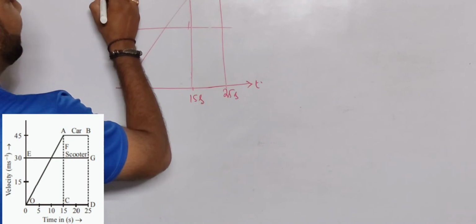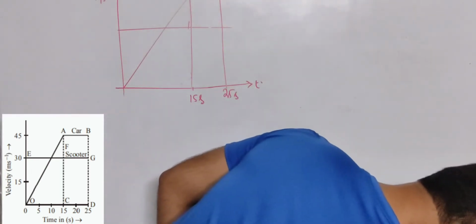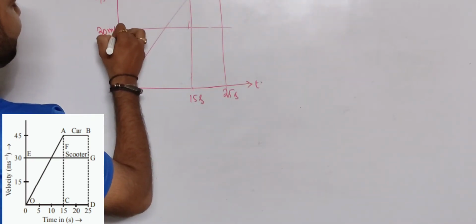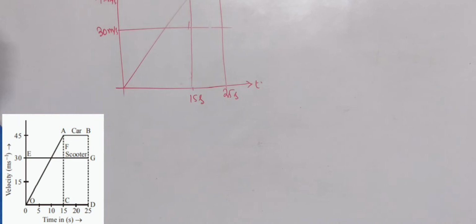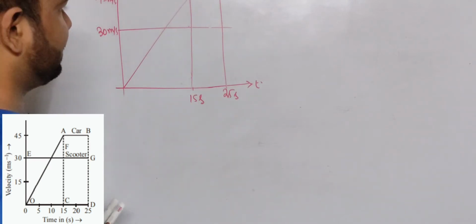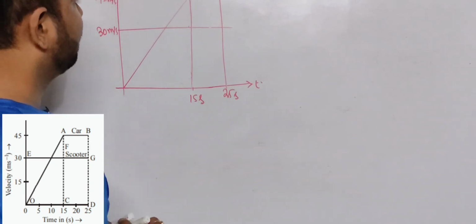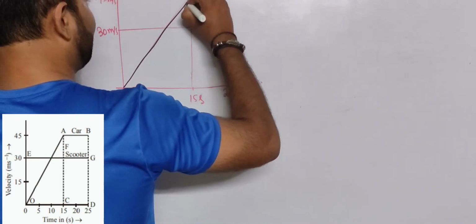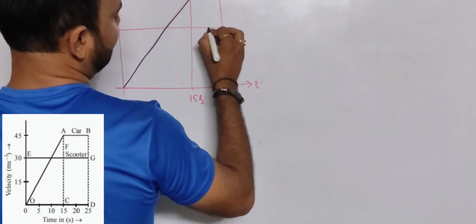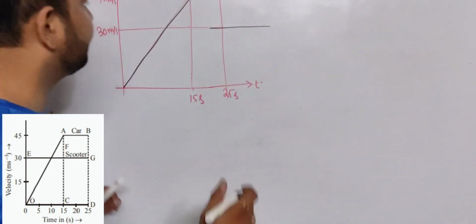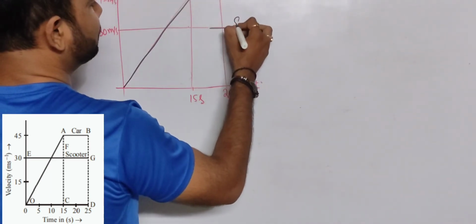This velocity is 45 meter per second, and this is 30 meter per second. We have to find the difference of distance covered by the scooter and car. This is the curve for the car, after this they are parallel, and this is the scooter.